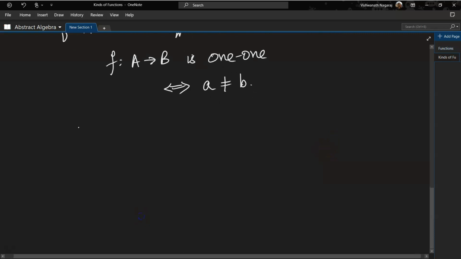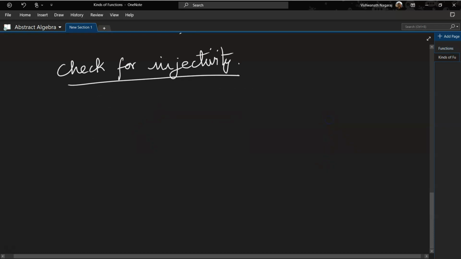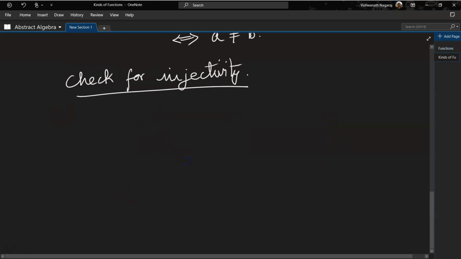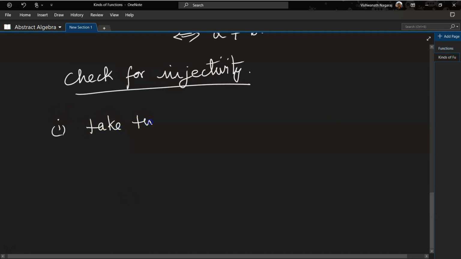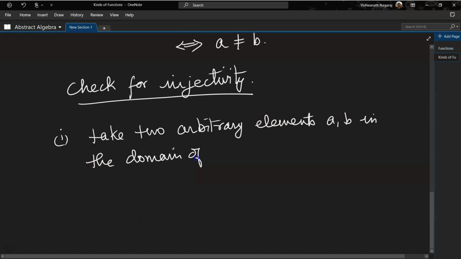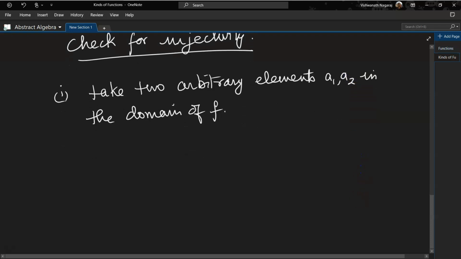Okay, so now how do we check for this? Check for injectivity. How do you check if it is one-to-one? The first step is take two arbitrary elements A and B in the domain of f. Now, if we say A, B, somehow we may think B belongs to set B. So let's remove that. Let's say a1, a2, right?